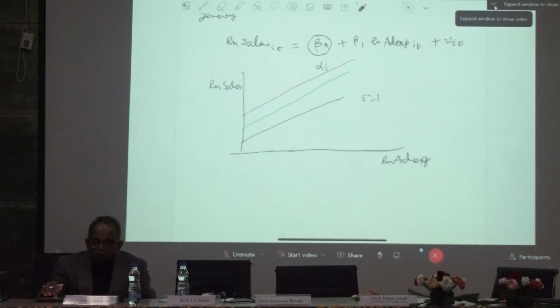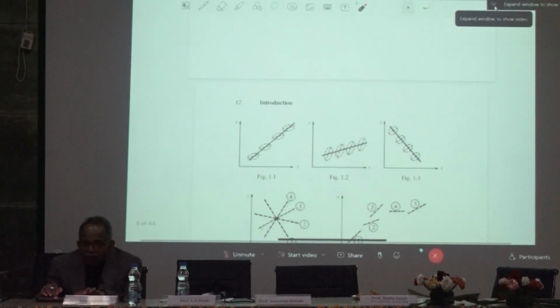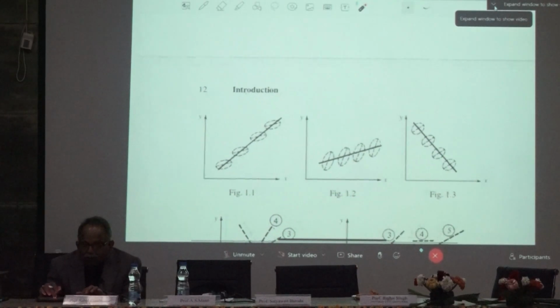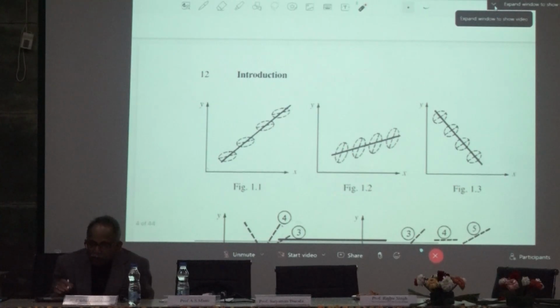So just to illustrate it, let's look at these graphs. Just look at figure 1.1. So this little set that you see for each individual, let me use the highlighter. This is basically data for individual 1 or company 1 for different time periods.